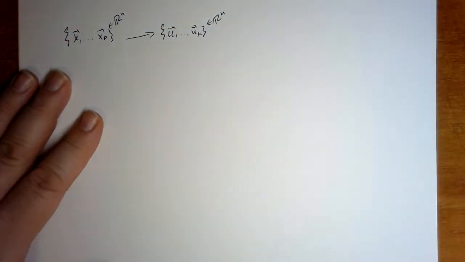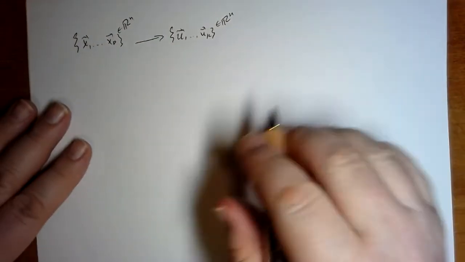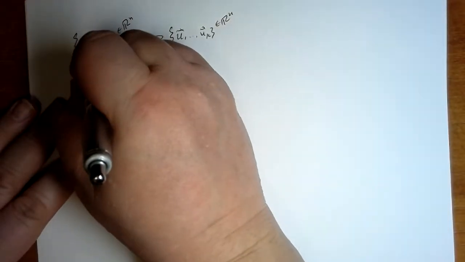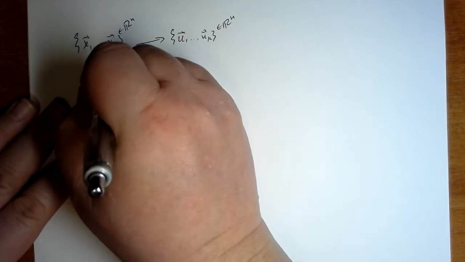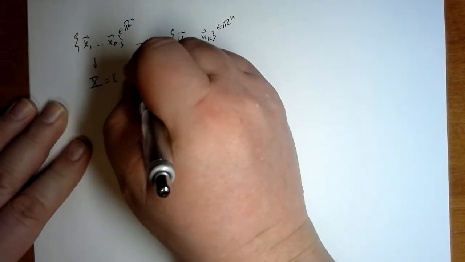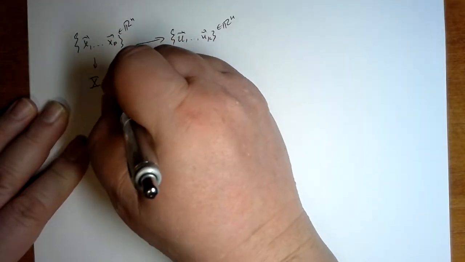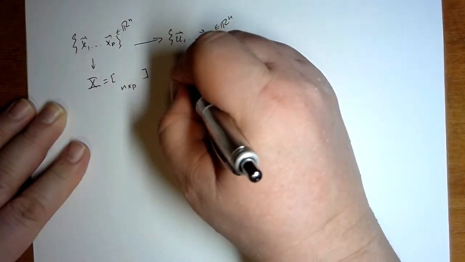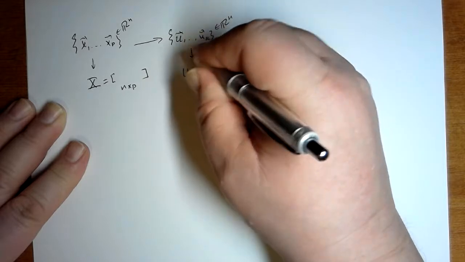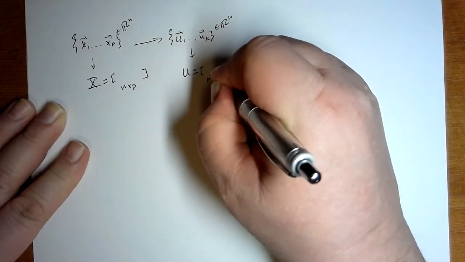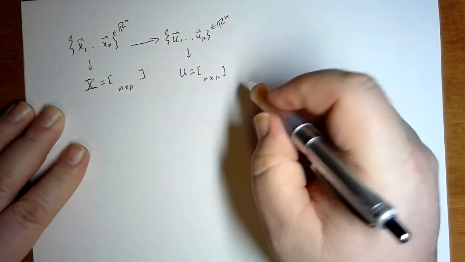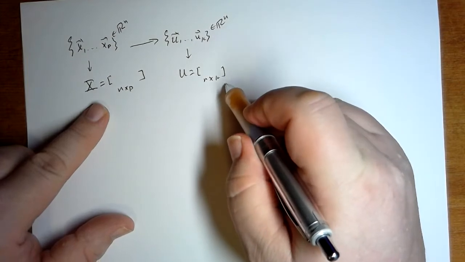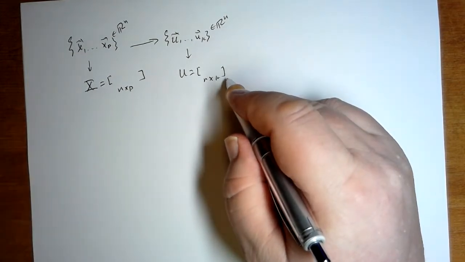And so where is my low dimensional representation? Well, I take the matrix X, that's n by p, and I take my matrix U, which is n by k. Do you see how we're going to get our k by p matrix out of these?